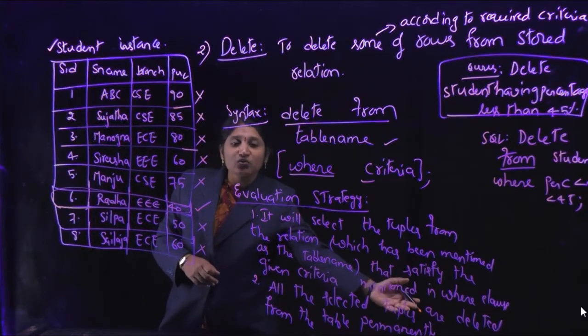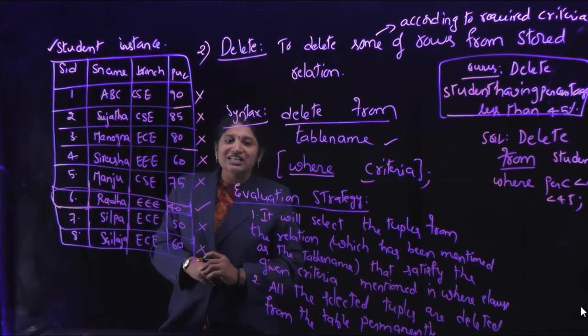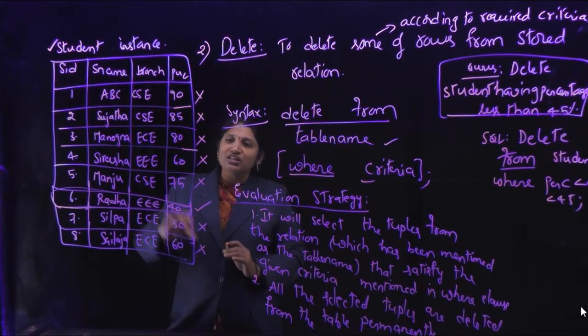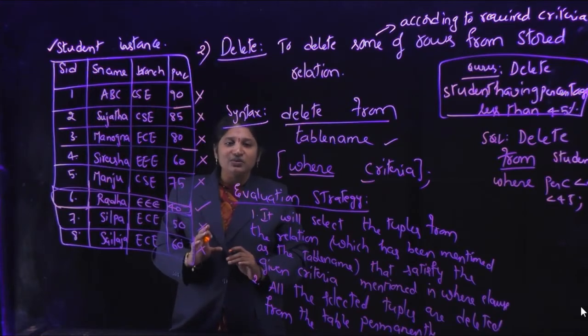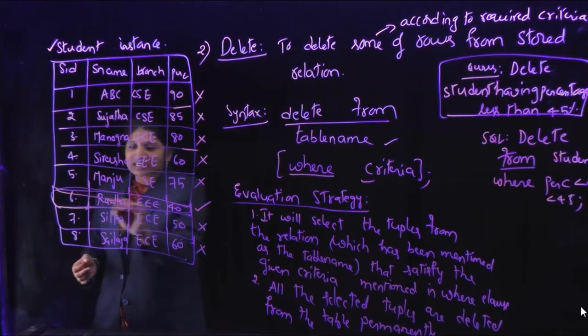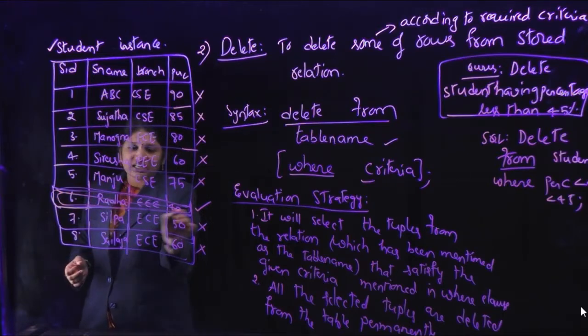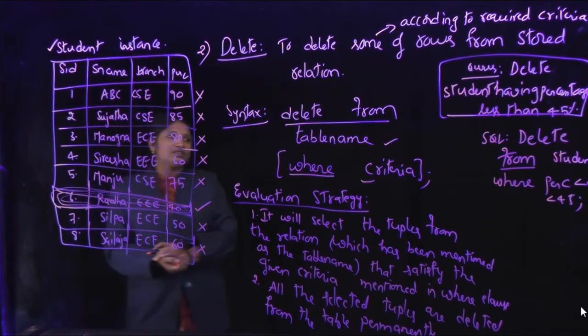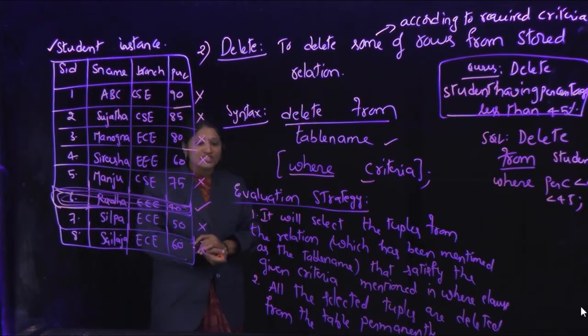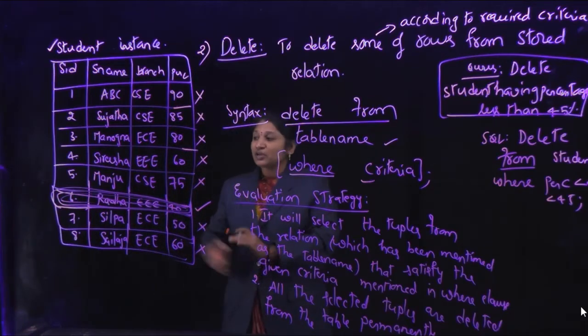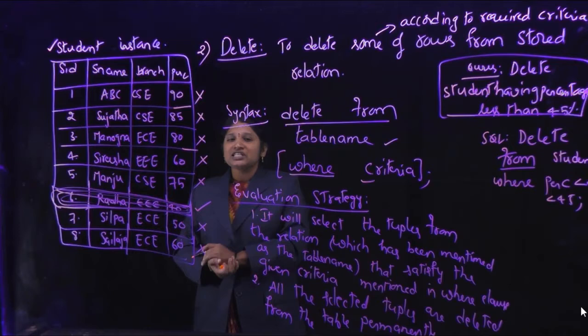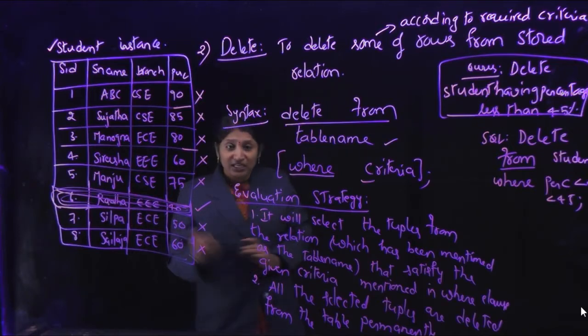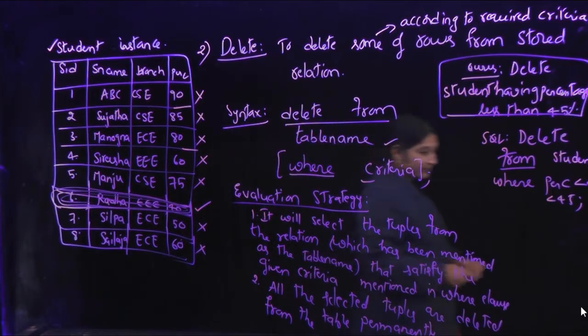You must delete all the tuples that were selected in the first step. Only the 6th tuple is selected, so this entire tuple is deleted permanently from the student relation. After the delete command has been executed, only 7 tuples remain, except the 6th tuple. Now we'll see the result of that command.